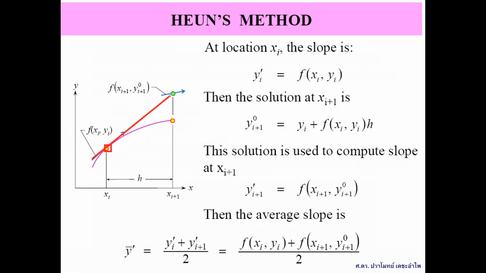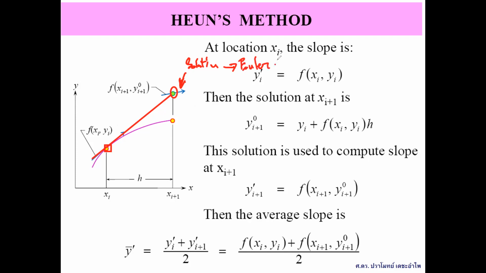So after we use this value for the initial slope, we will get the solution here. If we apply the Euler method, this point becomes the solution.